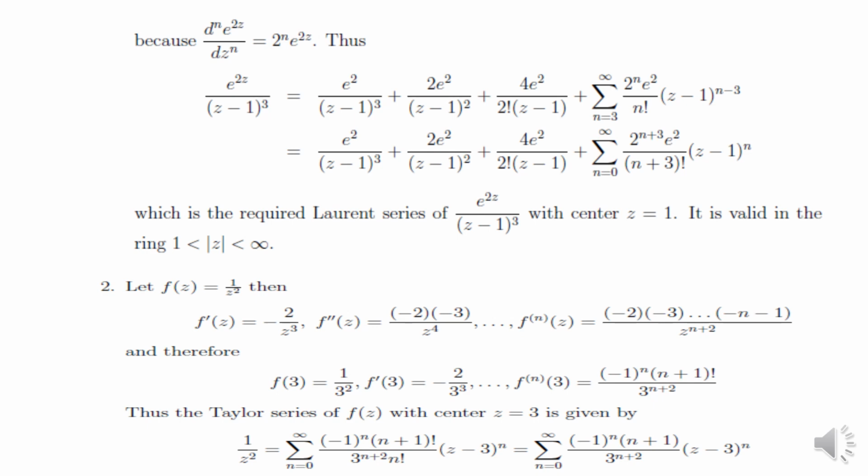So which is equal to 1 upon 9 u square. In bracket we expand the series (1 plus u upon 3) to the power minus 2. So if we expand that, it becomes 1 plus minus 2 into u upon 3 plus minus 2 into minus 3 upon factorial 2 into (u upon 3) square plus minus 2 into minus 3 into minus 4 upon factorial 3 into (u upon 3) cube, and so on.